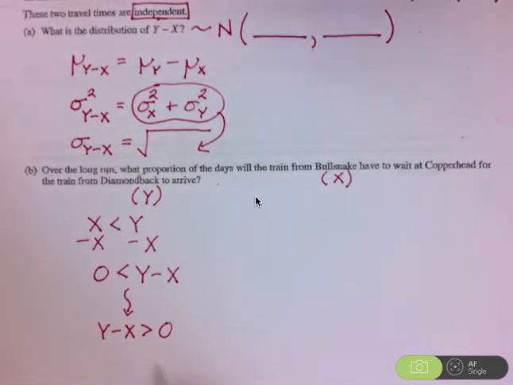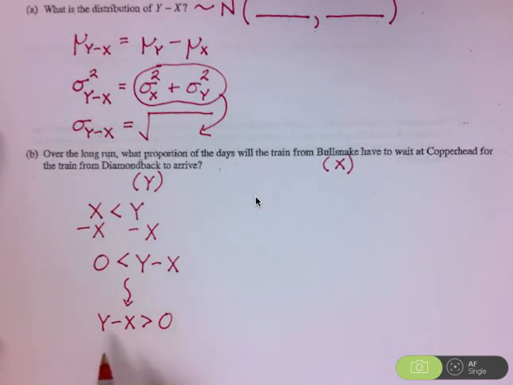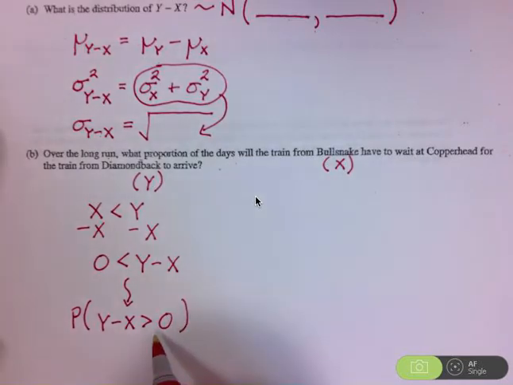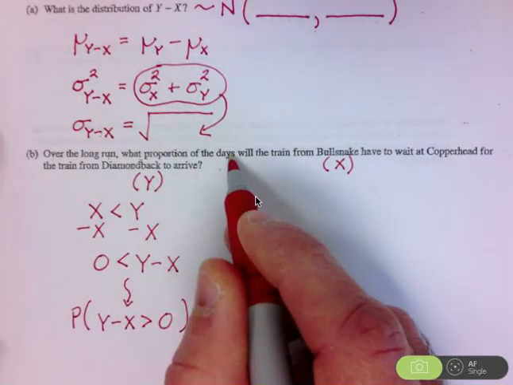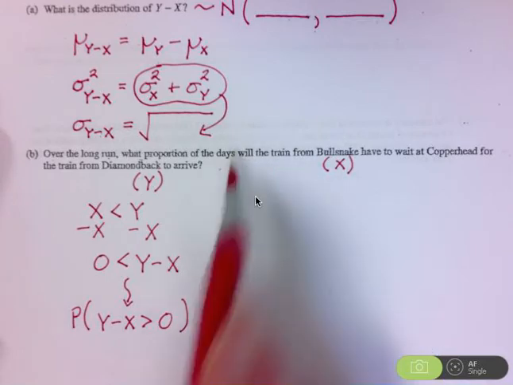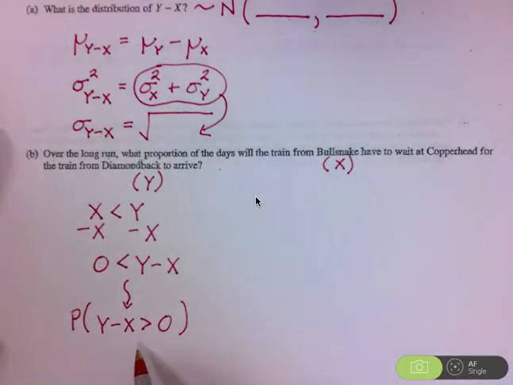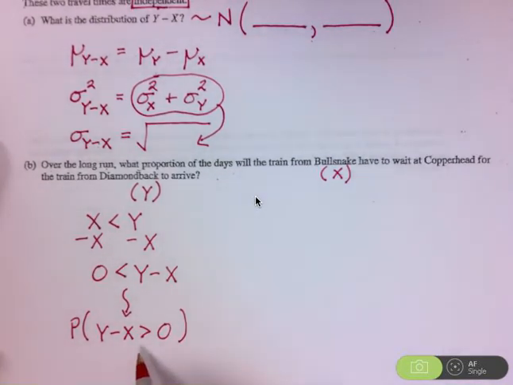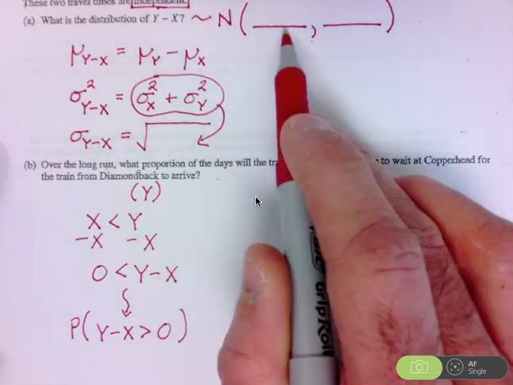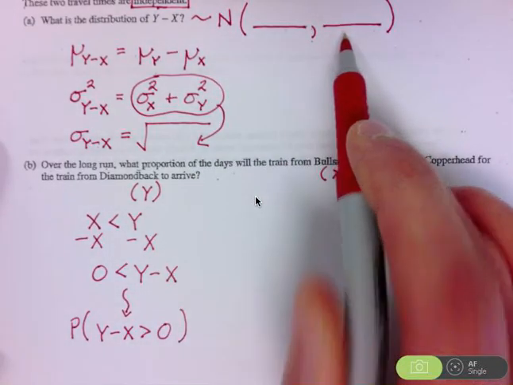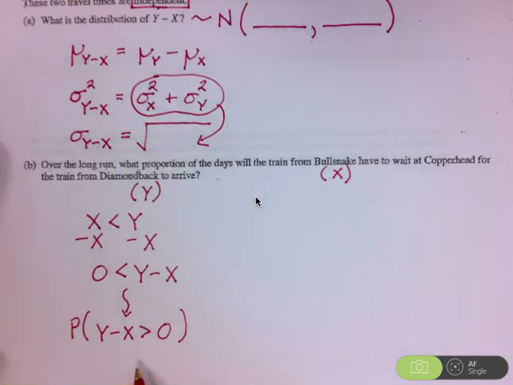So essentially, what you need to find then is the likelihood of this outcome. The likelihood of this outcome will give you the proportion of the days that the train from Bull Snake will have to wait. And that's something that you should be able to do using what you have accomplished in part A, because you have the shape, you should be able to calculate the center and the spread. You can probably use some z-scores and the normal density function here, and you should be good to go.